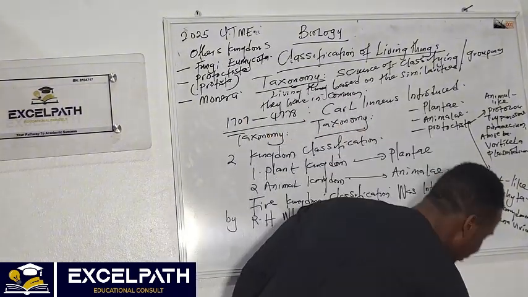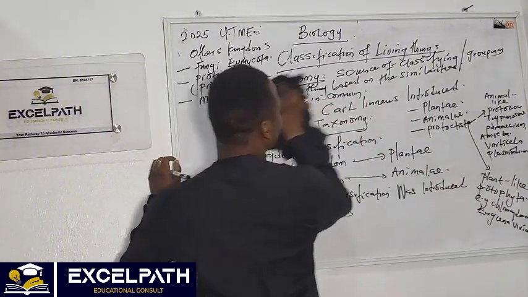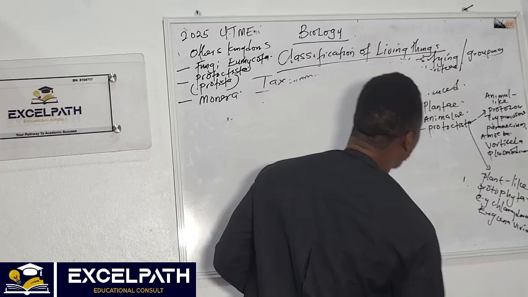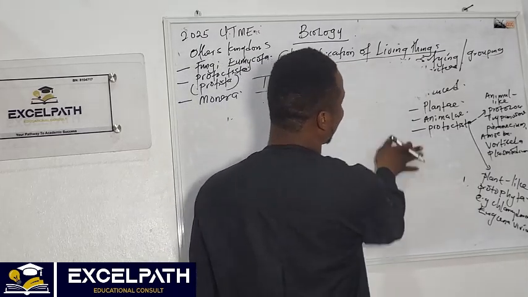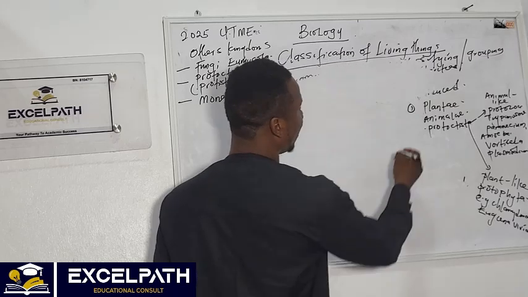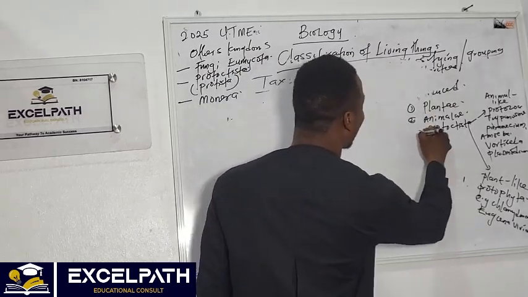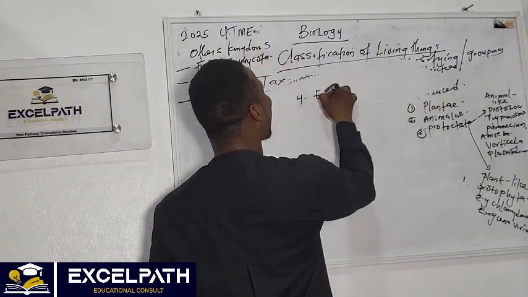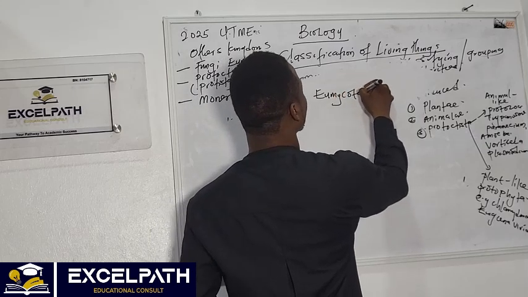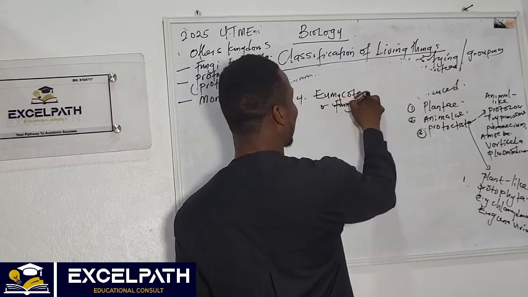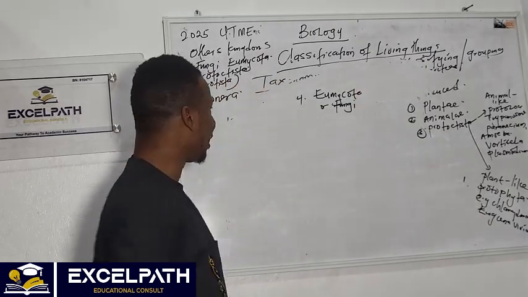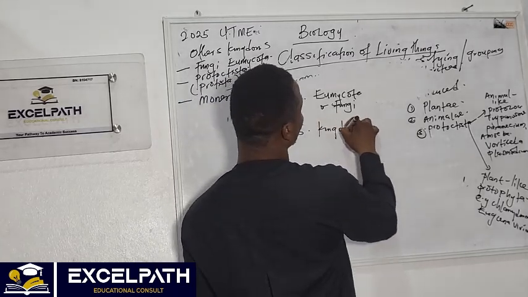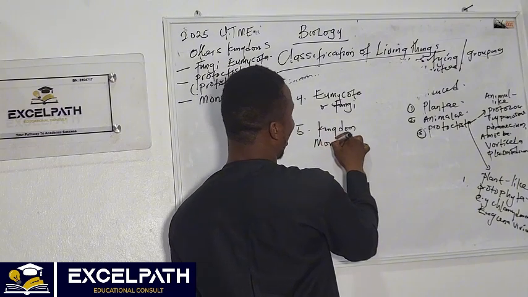Now, we have listed how many kingdoms? Kingdom Plantae, Kingdom Animalia, and Kingdom Protista. The fourth one is the Kingdom Eumycota, other name Kingdom Fungi. And the last one, the fifth, is the Kingdom Monera.